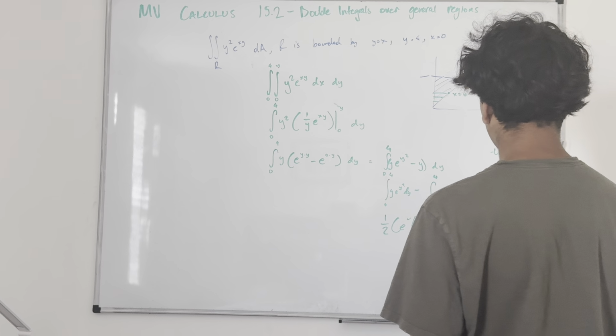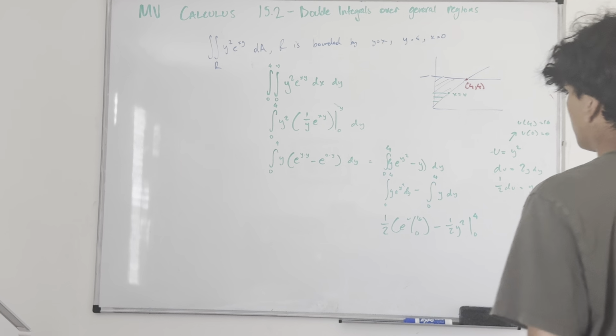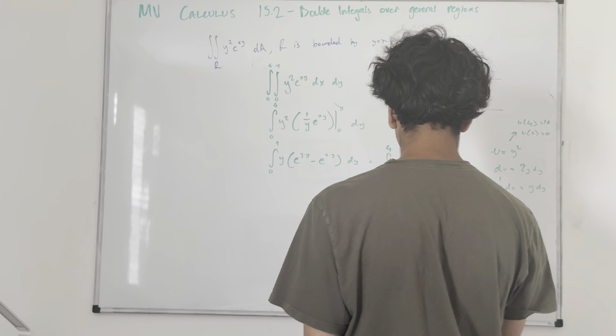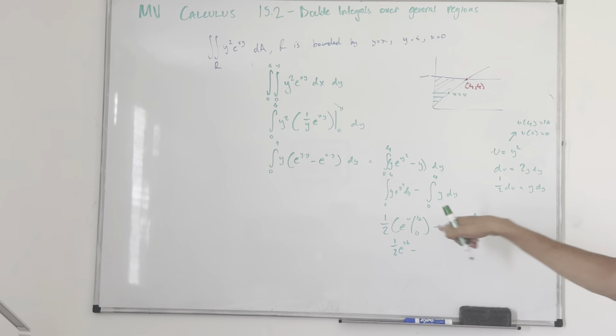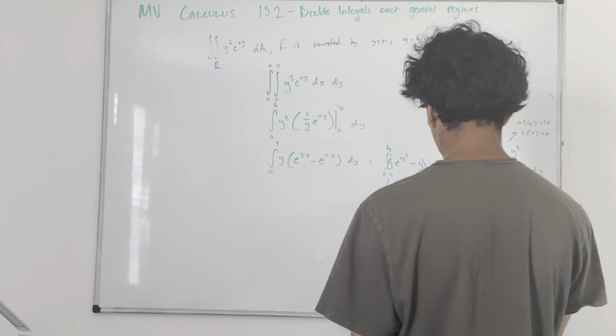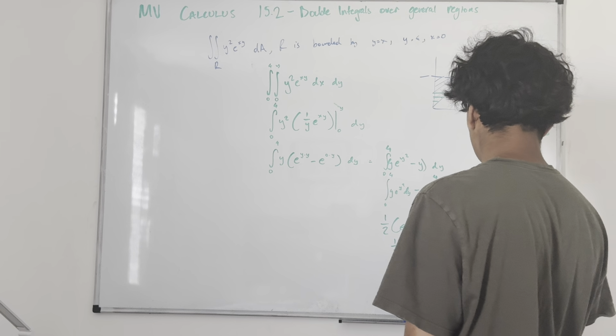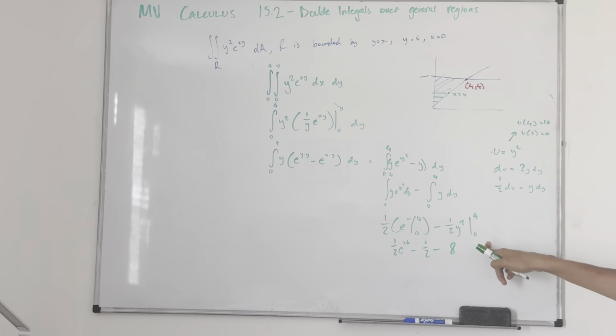This is just reverse power rule. So this is not too bad. I get 1/2 e to the 16 minus 1/2 times e to the 0, which is just 1, so minus 1/2, minus 1/2 times 4 squared, so that's 8. I don't have to worry about the 0 because I'm doing 1/2 times 0 squared. So I get this answer.